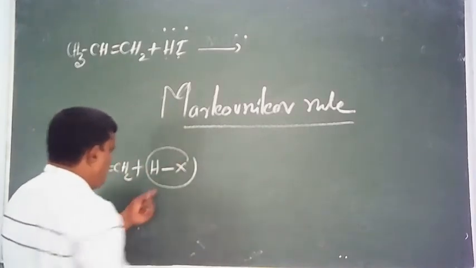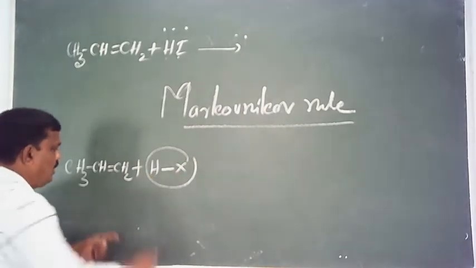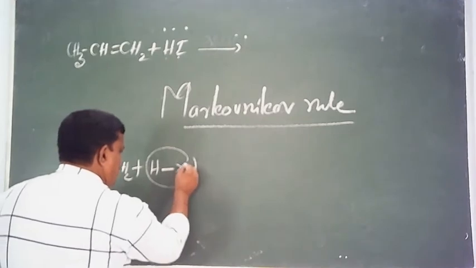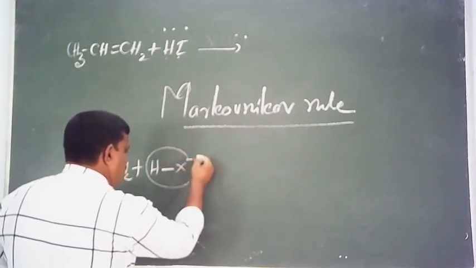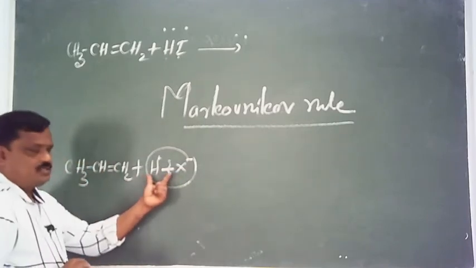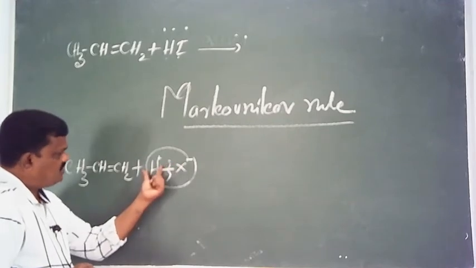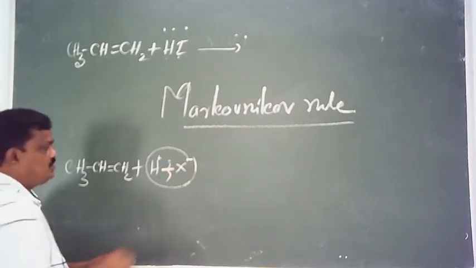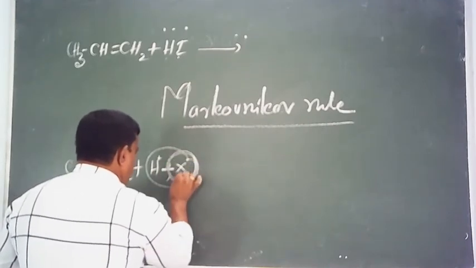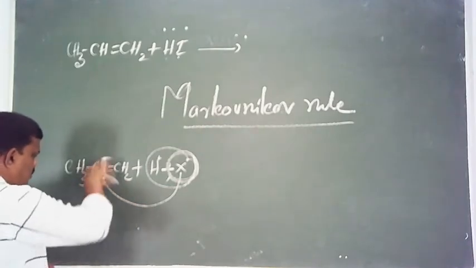When an unsymmetrical reagent HX adds to an unsymmetrical alkene, the halide gets negative charge and hydrogen gets positive charge. Actually this molecule HX gives H plus and X minus. This is the negative part.